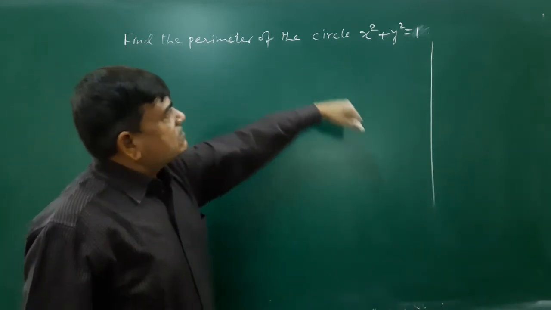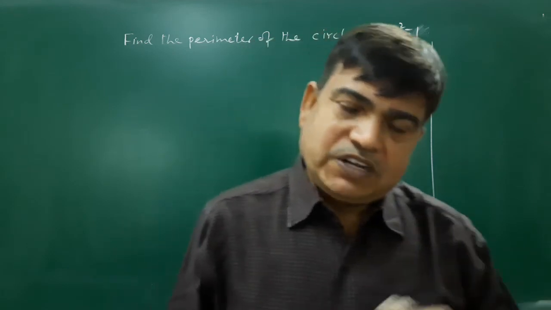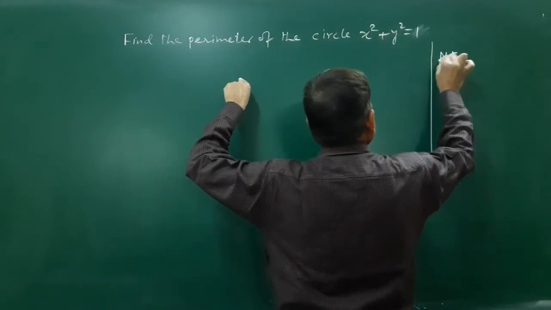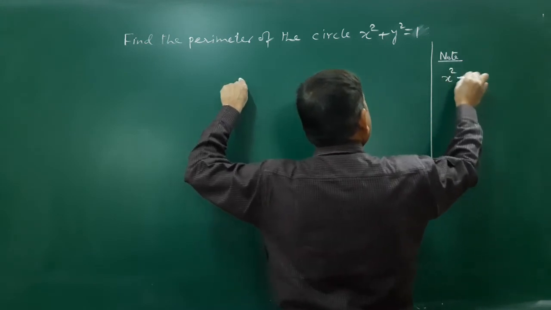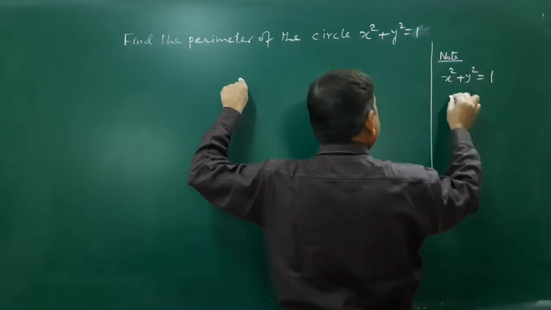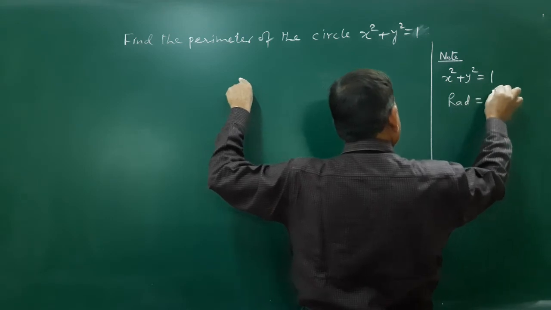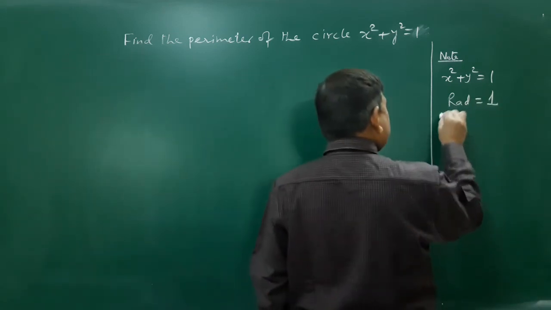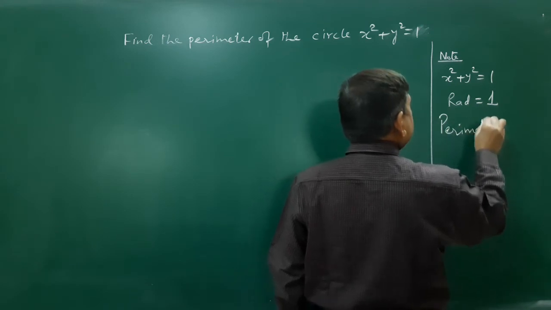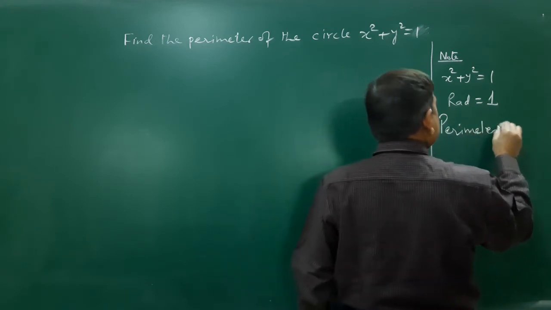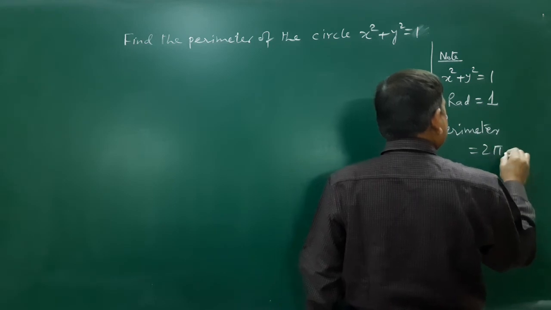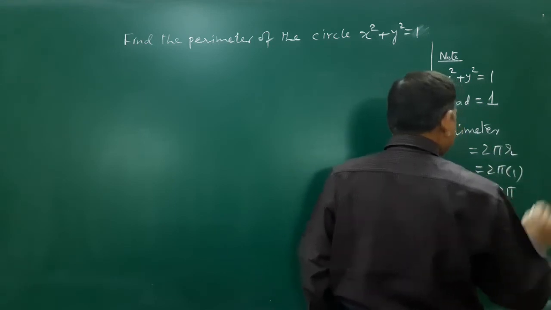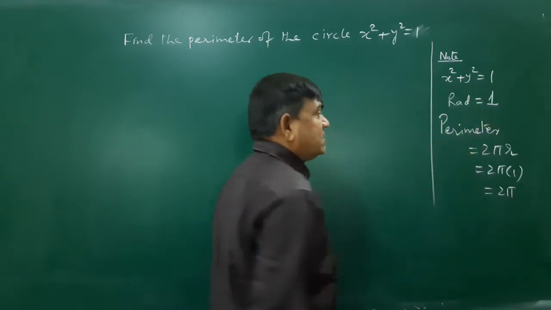Find the perimeter of the circle x square plus y square equals to 1. Now note, x square plus y square equals to 1, radius is equals to 1. Perimeter is given by 2 pi r, so it is 2 pi into 1, it is 2 pi in lower classes.